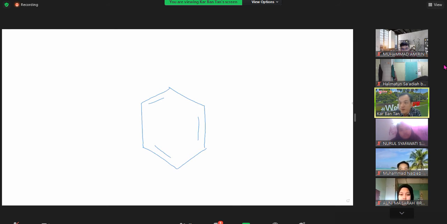This is a benzene molecule, an organic compound, carcinogenic, and in most labs benzene has been banned. We don't use benzene anymore because it's carcinogenic. And speaking of chemical safety, we replace it with methylbenzene, which is less carcinogenic compared to benzene.